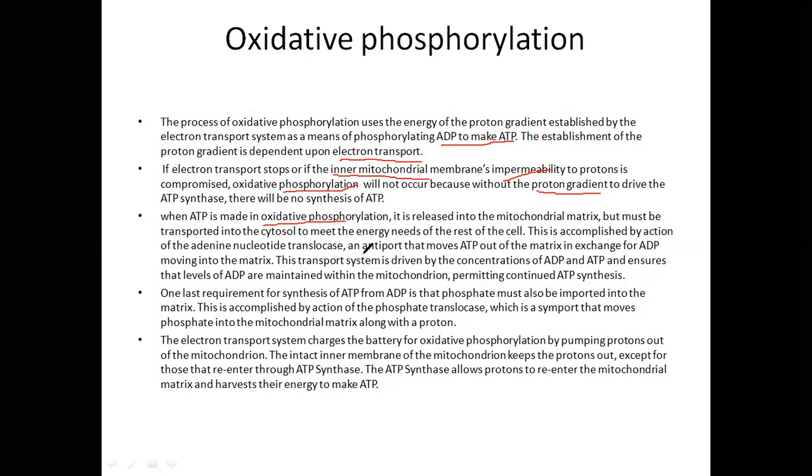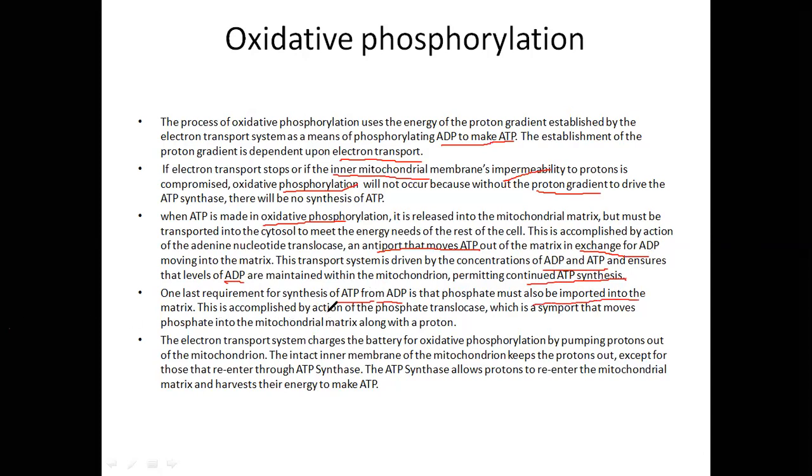What happens? The antiport movement moves ATP out of the matrix in exchange for ADP moving into the matrix. The transport system is driven by the concentration of ADP and ATP and ensures that levels of ADP are maintained within the mitochondrion, permitting continued ATP synthesis. One of the last requirements for the synthesis of ATP from ADP is that phosphate must also be imported into the matrix.